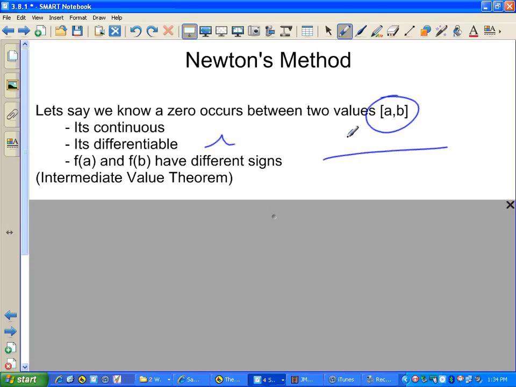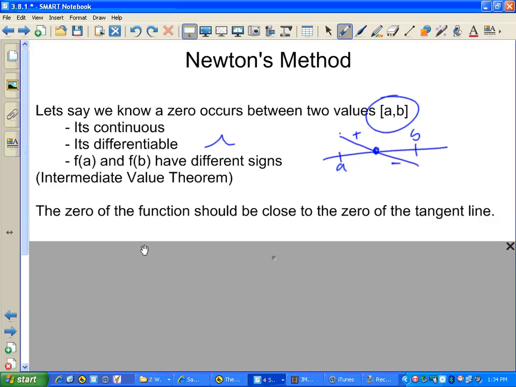So if this is my A value here, and this is my B value, I've got positive values here and negative here, so I know for a fact that it's going from positive to negative, which means it's crossing 0 somewhere in there. And you can find that either from looking at the graph or just noticing that your values are positive and turning negative.